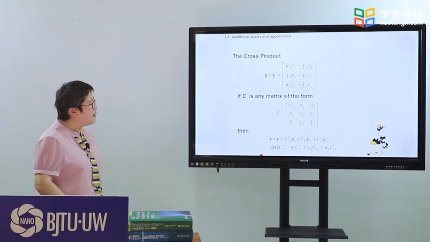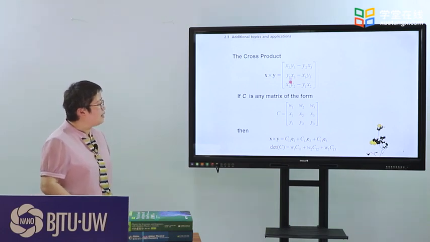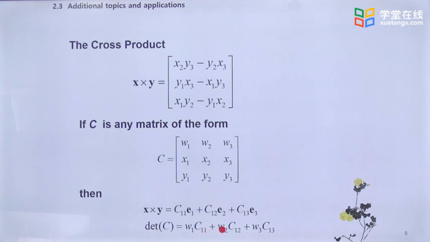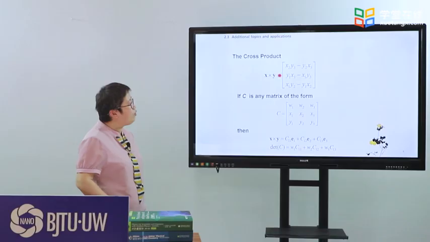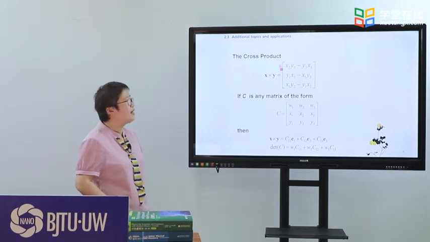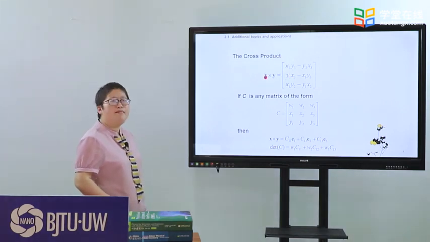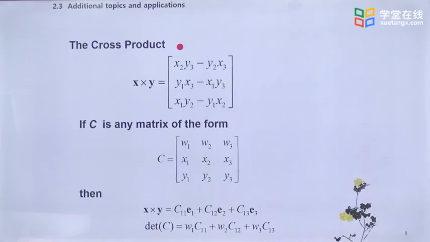Also, the determinant of C equals w1 times C11 plus w2 times C12 plus w3 times C13. Look at this expression. The new vector obtained by this cross product of X and Y, say Z, is such that Z is perpendicular to X and Z is also perpendicular to Y. Why can we see this?